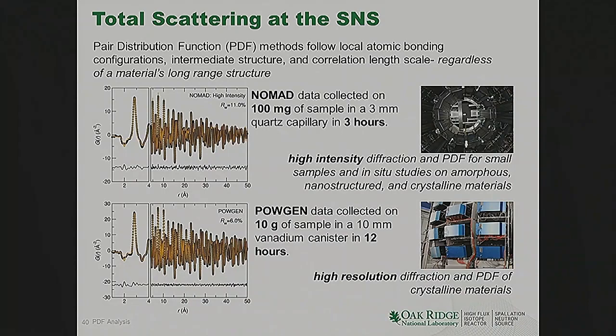We just don't have the results ready to share yet. But you can think about this as: for high intensity, doing anything time resolved, and also for amorphous and nanostructured materials, you would go to Nomad. And if you want a detailed crystallographic analysis of your crystalline material that has a little bit of disorder, you might want to go to PowGen.